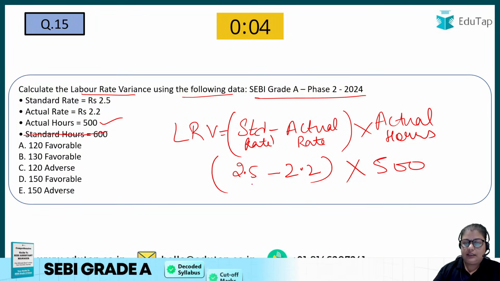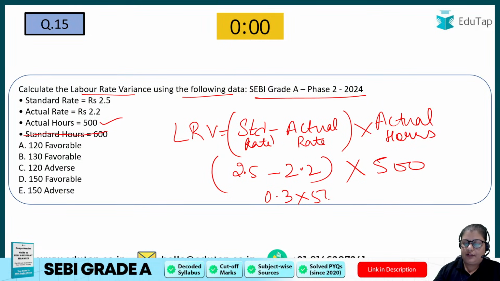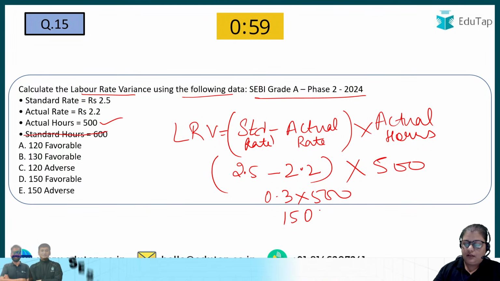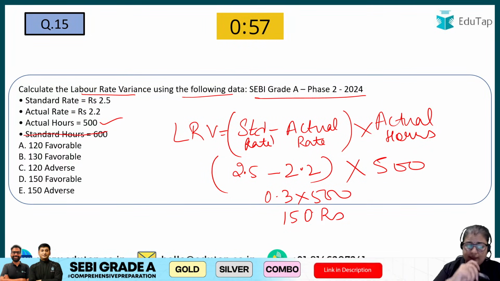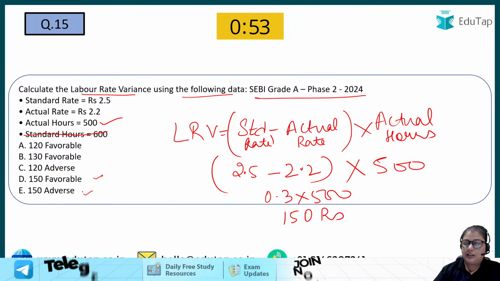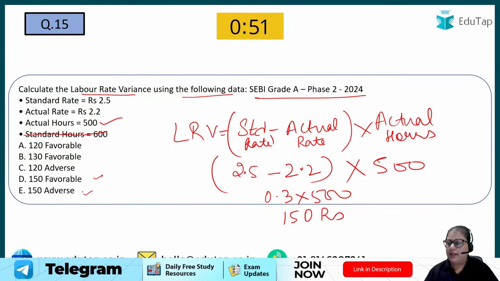Just calculate this. 2.5 minus 2.2 is 0.3, into 500, that is 150 rupees. Now, is it 150 favorable or 150 adverse? When my actual rate is less than standard rate, it will be favorable.